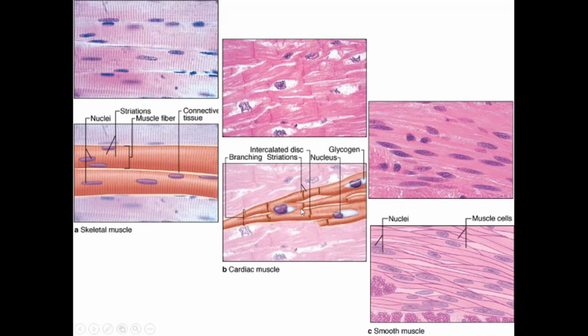The cells have a junction with each other at a site called the intercalated disc. Again, here we have a cross striation under the microscope. The cardiac muscle cell contracts involuntarily, vigorously, and rhythmically.